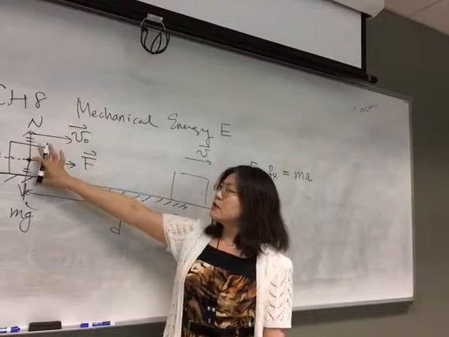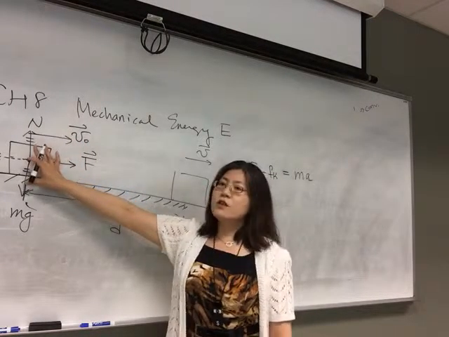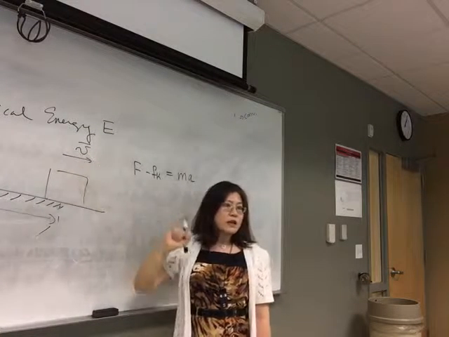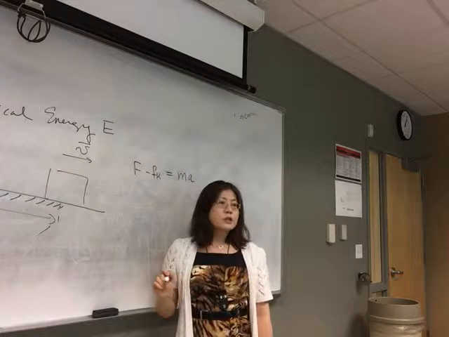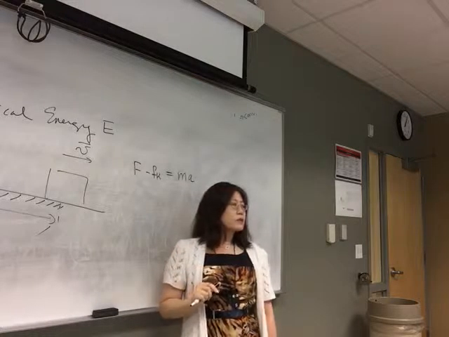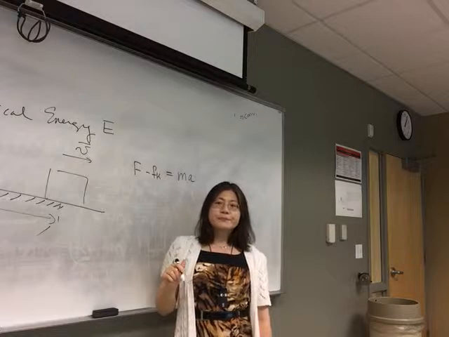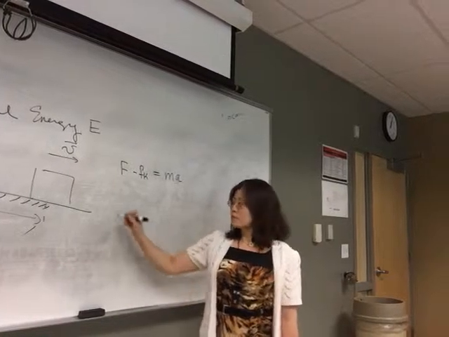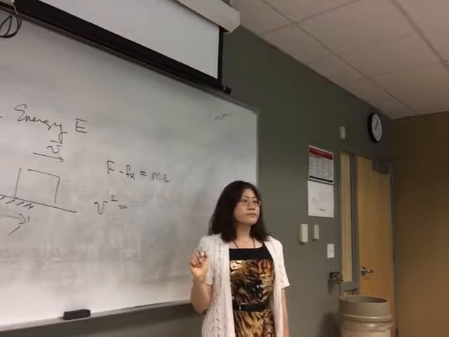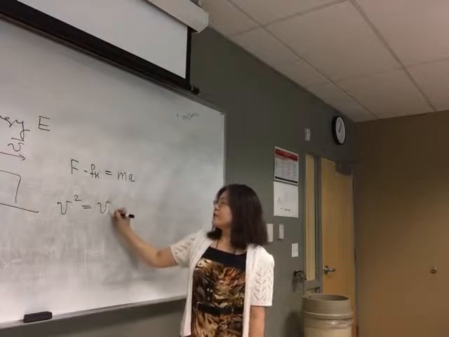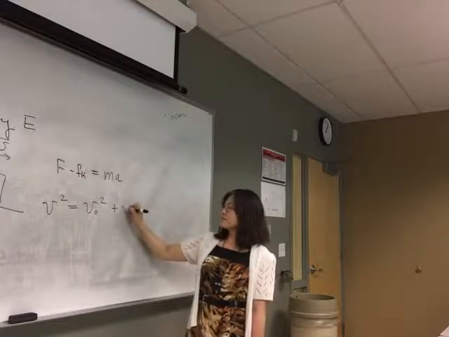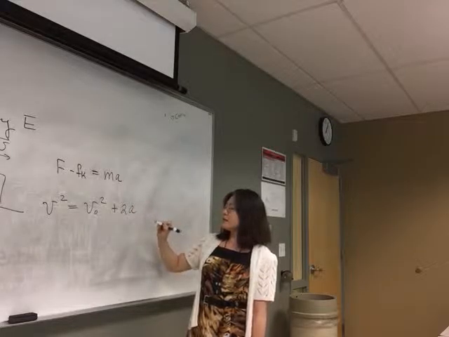This particle initially has a velocity v naught, moving a distance d, and it reaches a final velocity v. Out of the three equations of motion, which one relates the velocity, the displacement, and also acceleration? Which equation is that? v squared equals v naught squared plus 2a delta x.